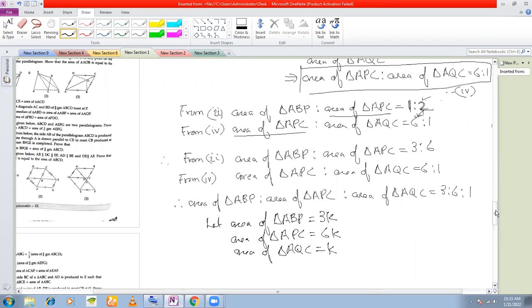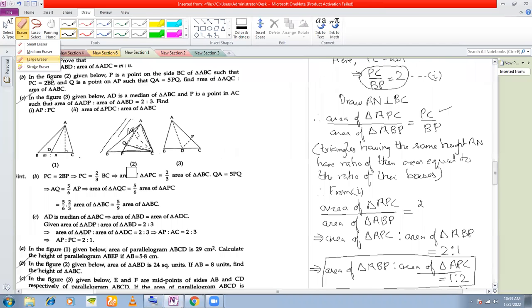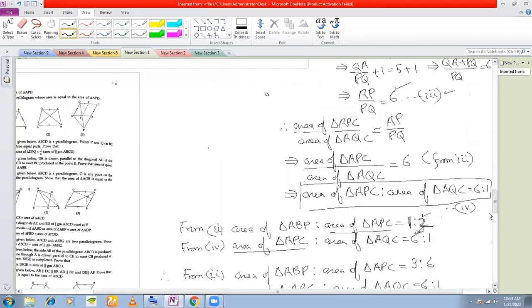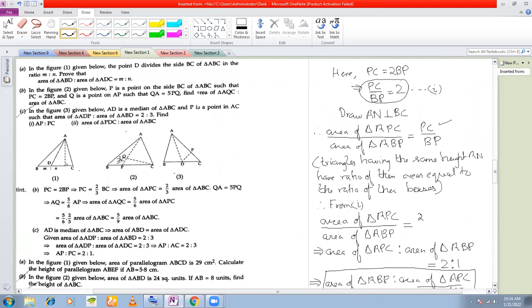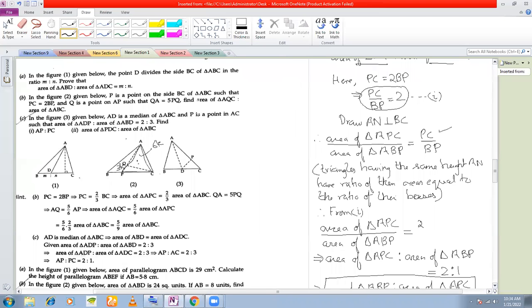So now let's see. ABP is 3K, so let's write it in the figure. This area is 3K. Next, we have APC as 6K. So this entire area here is 6K, right? And what else? I have AQC. This area is K.